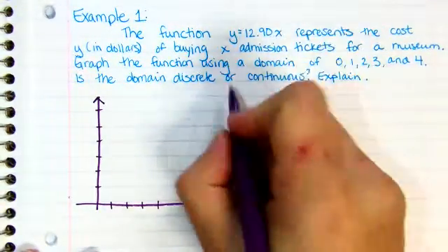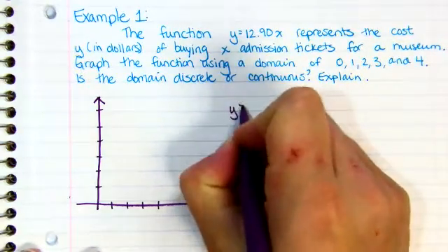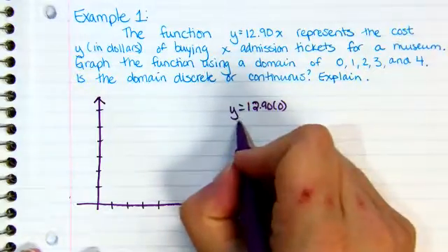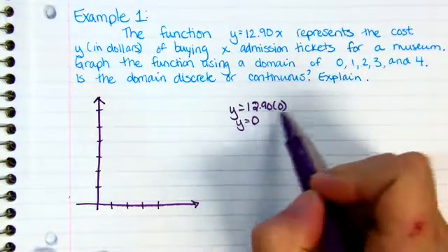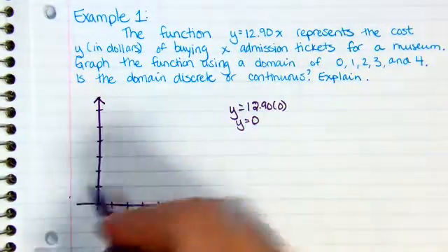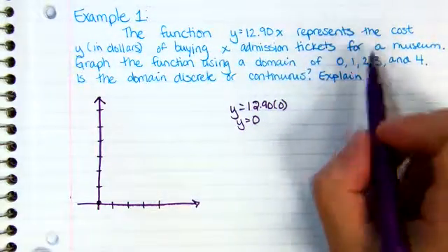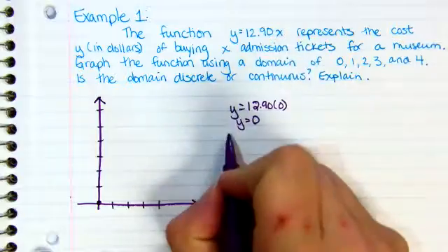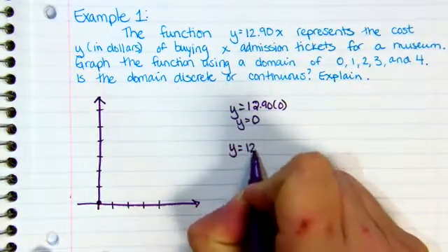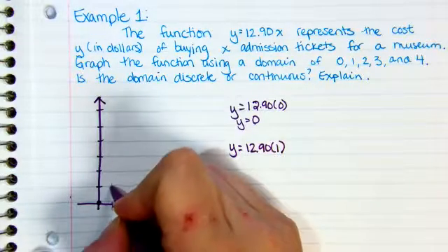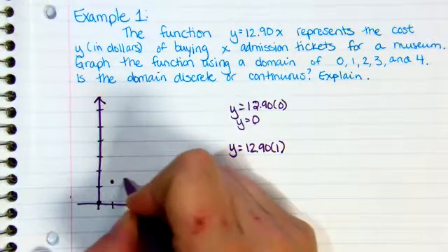So if I buy 0 tickets, y equals 12.90 times 0, or y equals 0. That should make sense. If I don't buy any tickets, I don't have to pay any money. So (0, 0) is a point on my graph. If I buy 1 ticket, it's 12.90 times 1, so that's going to be about here.